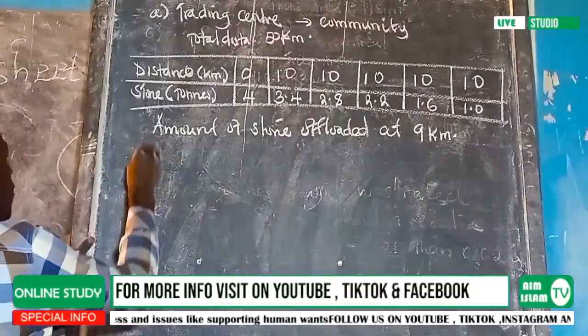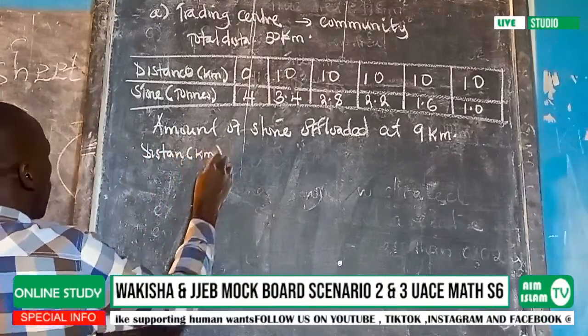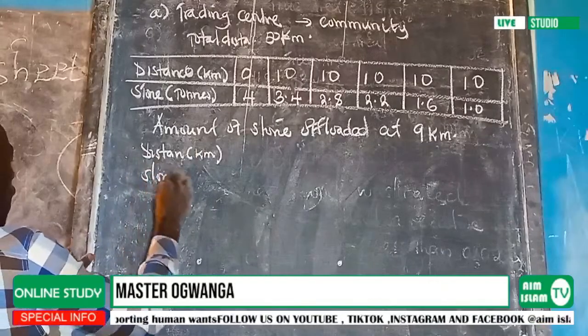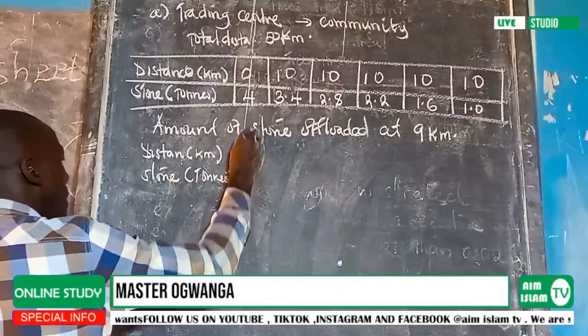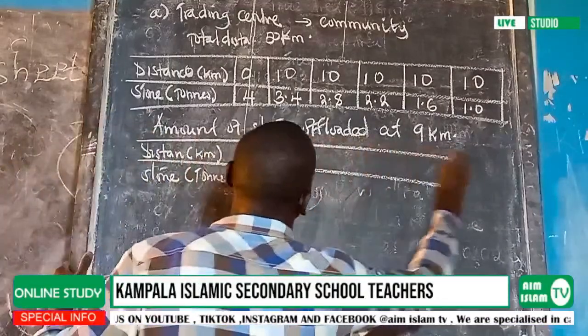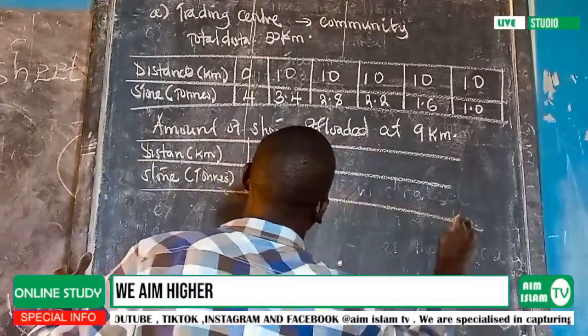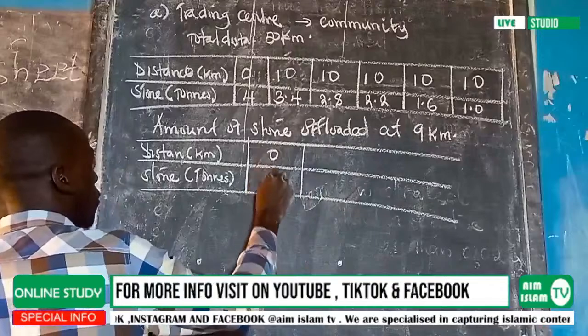That will still be given as the distance, which is in kilometers, and the stone in tons. So you'll have your 0, that was 4.